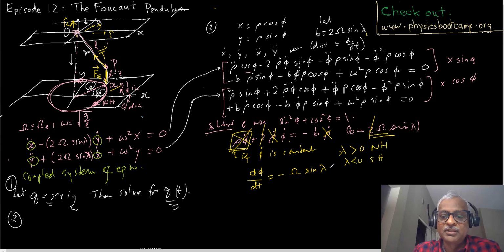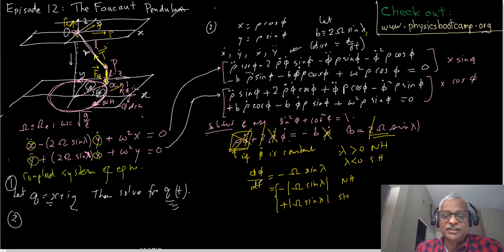So this is equal to minus omega sine lambda in the northern hemisphere, and positive in the southern hemisphere.